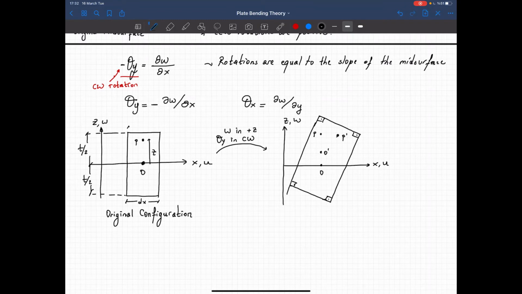Okay, and we said that this angle is theta y and this angle will be del w over del x, and we said that they are equal to each other.